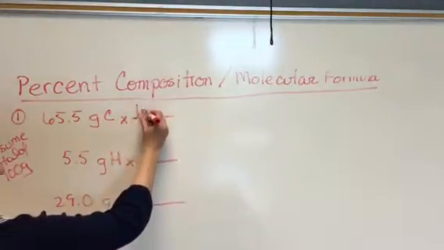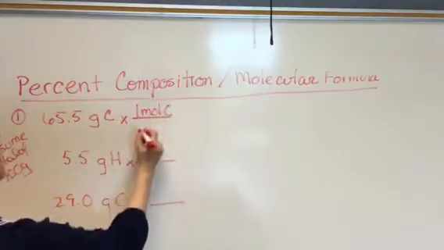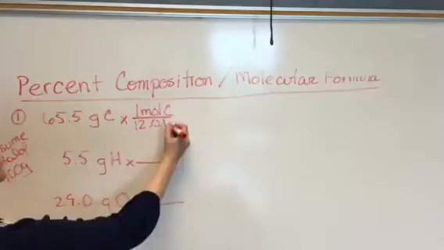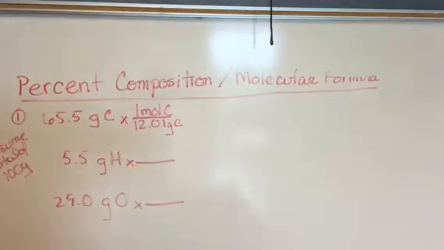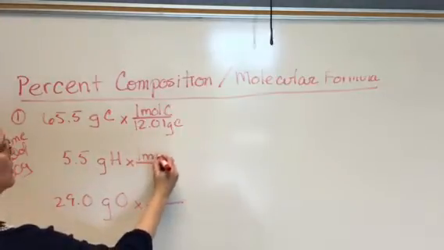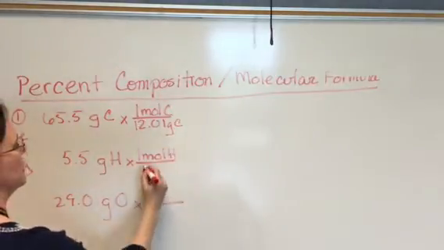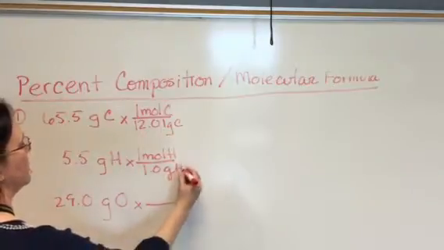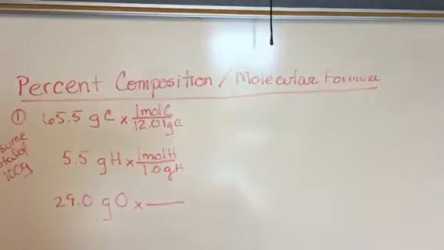So 1 mole of carbon weighs 12.01 grams, and you can double check that on the periodic table. 1 mole of hydrogen weighs 1 gram, it's like 1.0079 something.